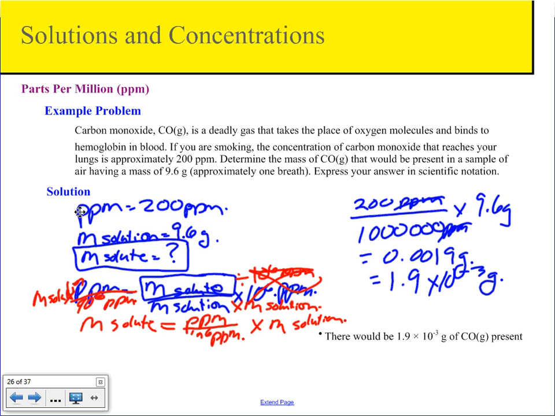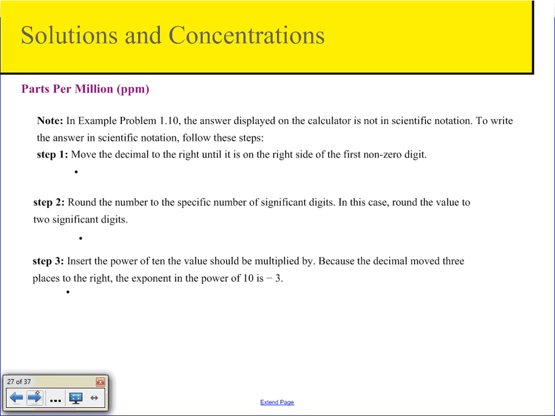So now, let's note in this example that the answer displayed on our calculator is not in scientific notation. So to write the answer, we need to follow these 3 steps. First, we need to move the decimal to the right until it is on the right side of the first non-zero digit.